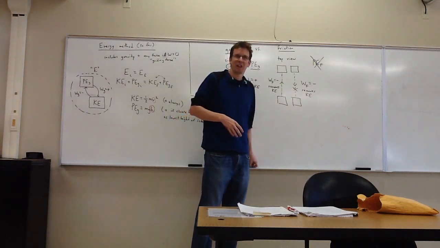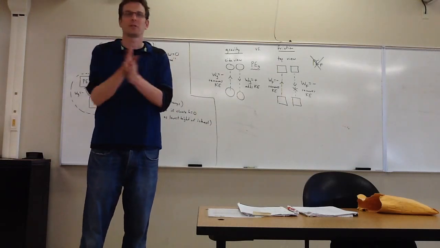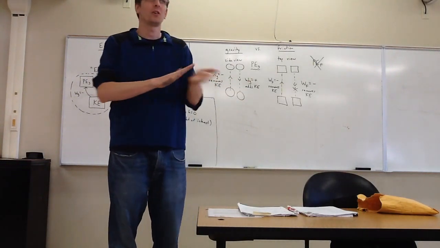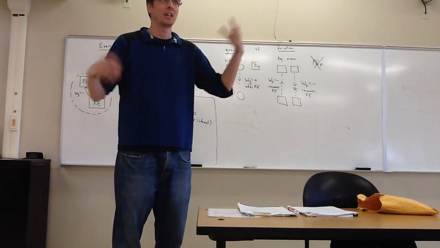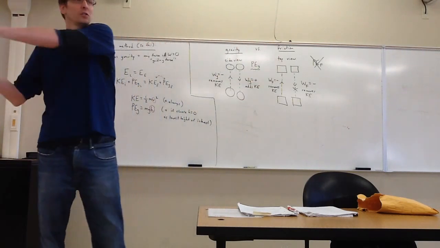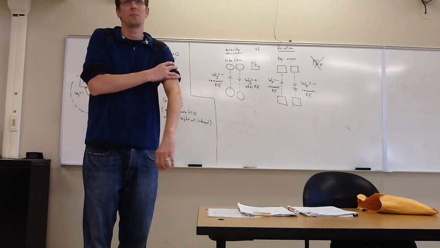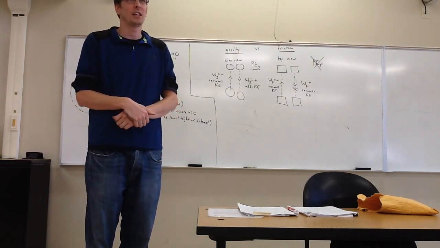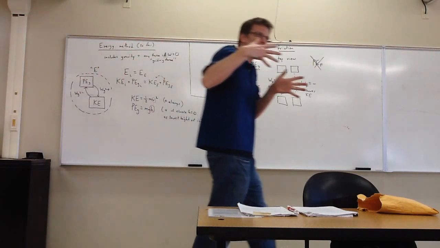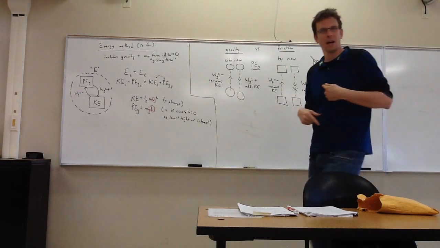Does anyone know where that energy goes? Heat. Heat, that's right. It gets sent to a more disordered form. It goes to those molecules jiggling around randomly, and them reordering to all go in a single direction is not going to happen. If you know from chemistry something about entropy, the idea is that if you take energy that's more ordered, all of those atoms moving together, and send it into more disordered, which is heat, you're not going to get it back.